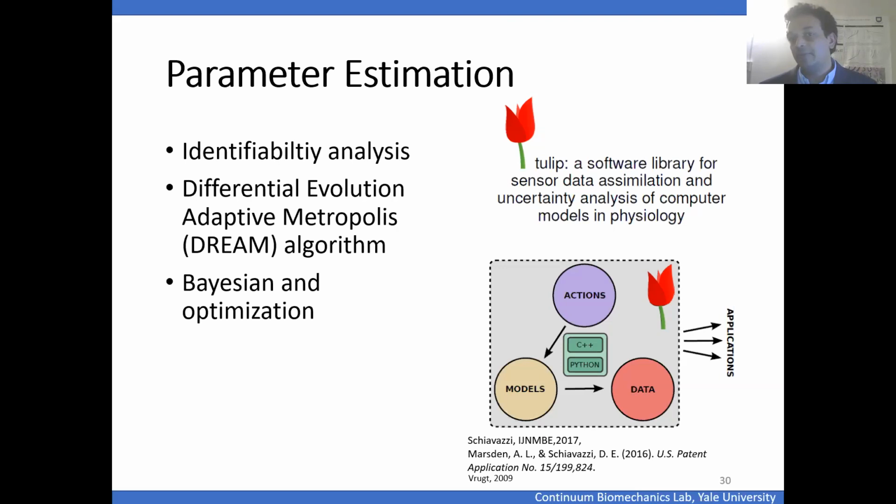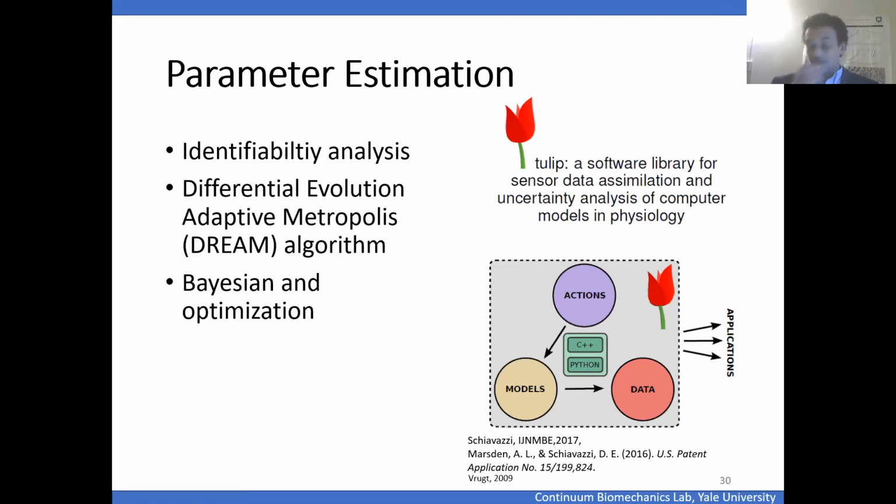So it's a software library that can do data assimilation, uncertainty quantification. So TULIP stands for the Uncertainty Library in Parameter Estimation. And it's beautifully structured in the sense that you can just pull actions and plug and play your models into the framework. And it has implementations in C++ as well as in Python.